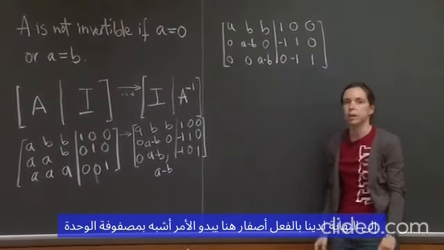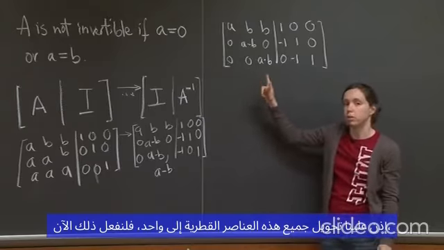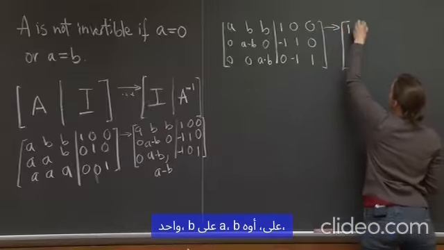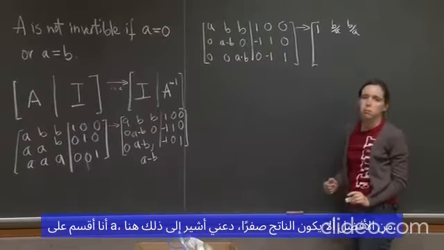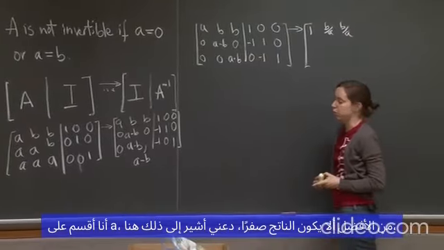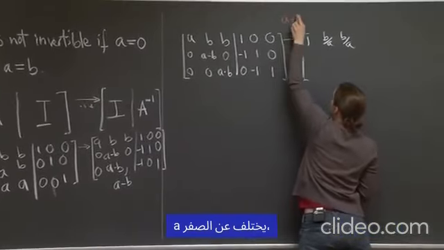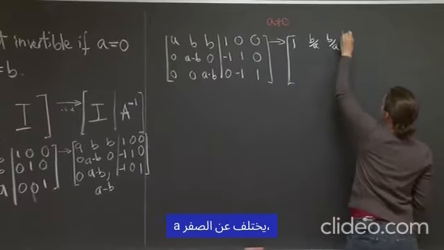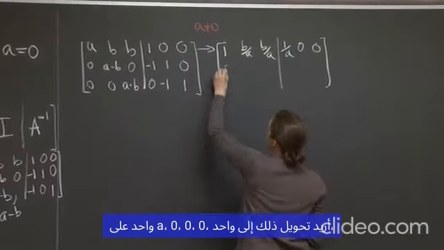It's looking more and more like the identity matrix. So we have to turn all these diagonal entries into 1s. So let's do that now. 1, b over a, b over a, oh, I'm dividing by a. a better not be 0. So let me signal that here: a different from 0. 1 over a, 0, 0, 0.